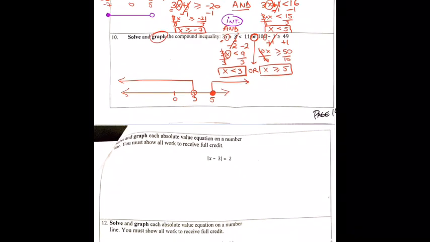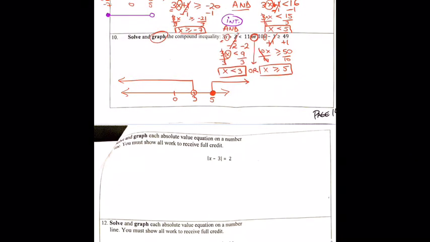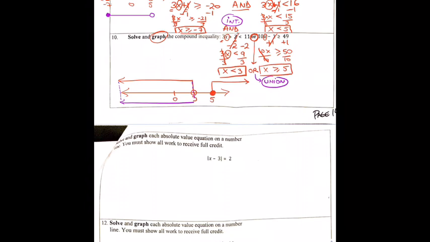And don't forget, you still need to write the final answer. Make your final graph. Remember, or means union. We need to remember and means intersection, or means union. So for the final answer, we'll take our two graphs and combine them into one line. So here's the line for my first graph.